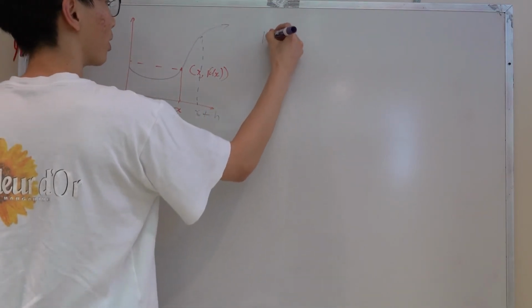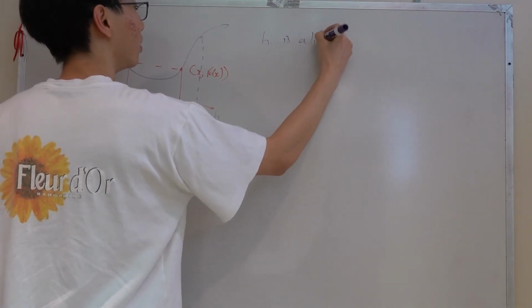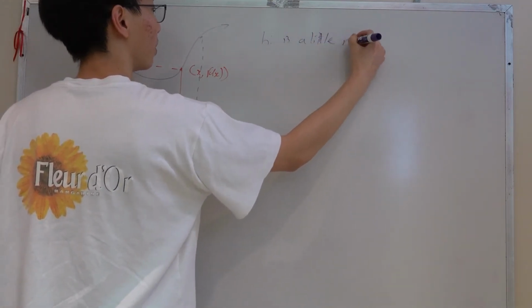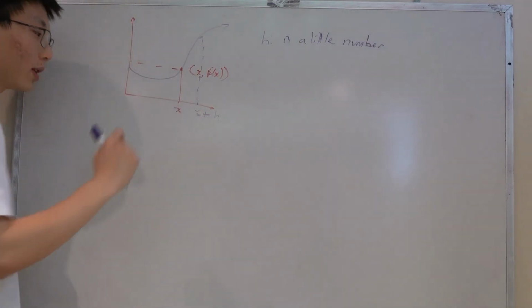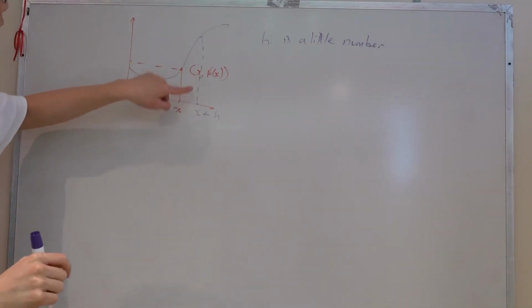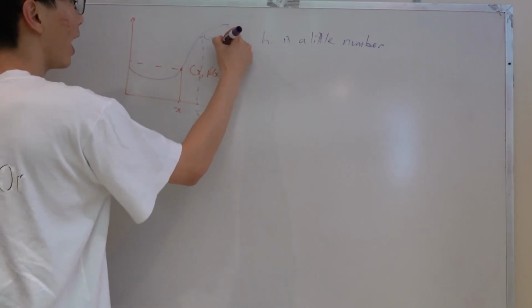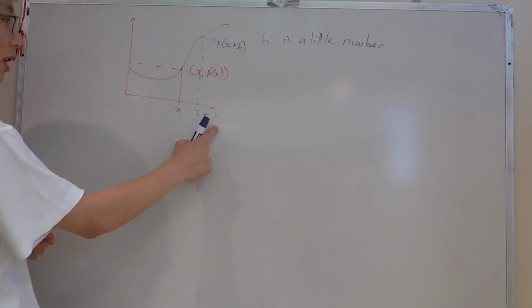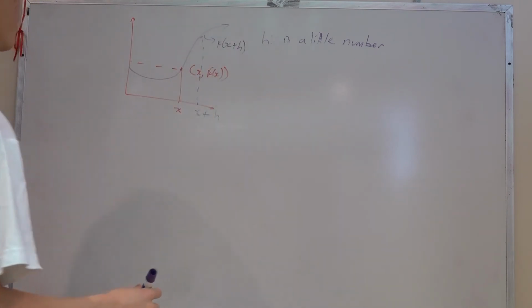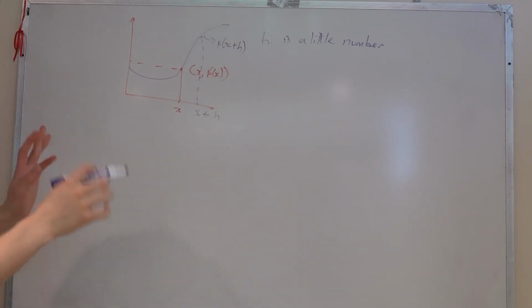So let me just put up here, h is a little number. Okay? So I add just a little bit, h, and I'll get a point here, and then this point up here is just going to be f of x plus h, right? It's going to be x plus h, f of x plus h. All right? So hopefully that's not too confusing.